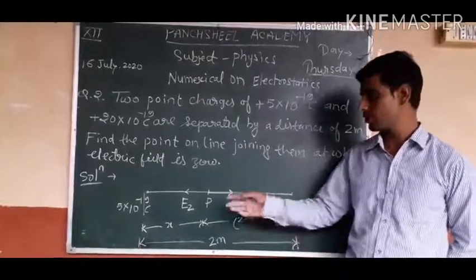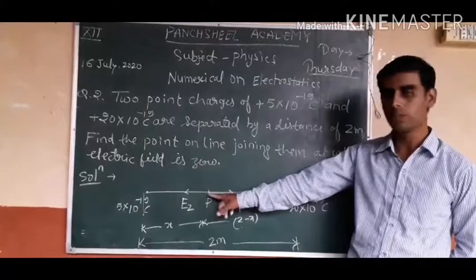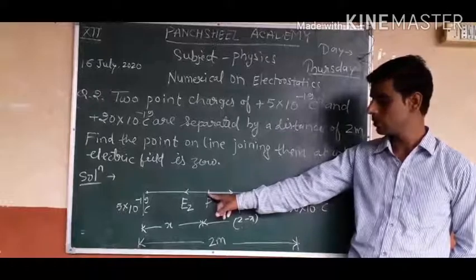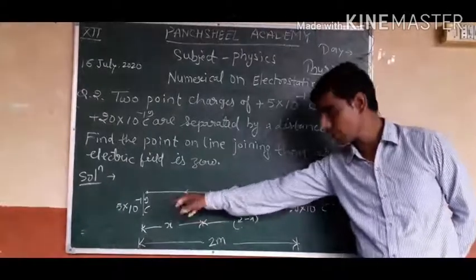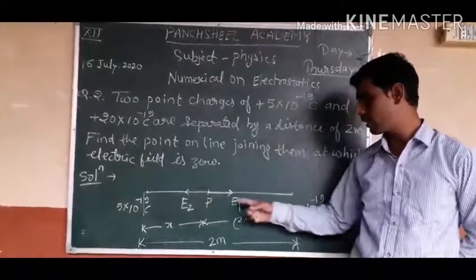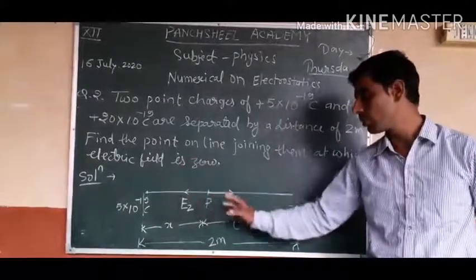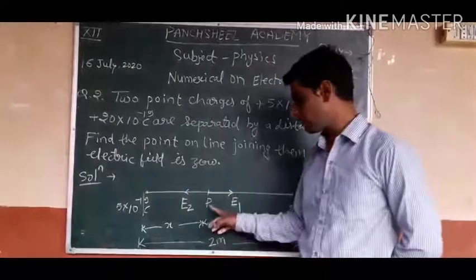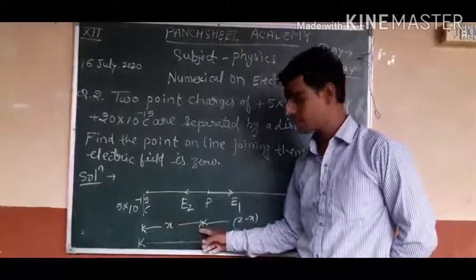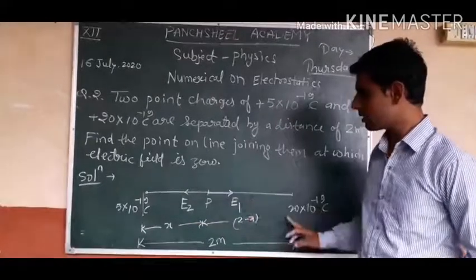So suppose I take point P here. At this point the electric field due to this charge is in this direction because of repulsion, and the electric field at point P due to the other charge is in this direction, that is E2. Suppose point P is x meter distance from this charge, and the distance between this point and the other charge is 2 minus x.